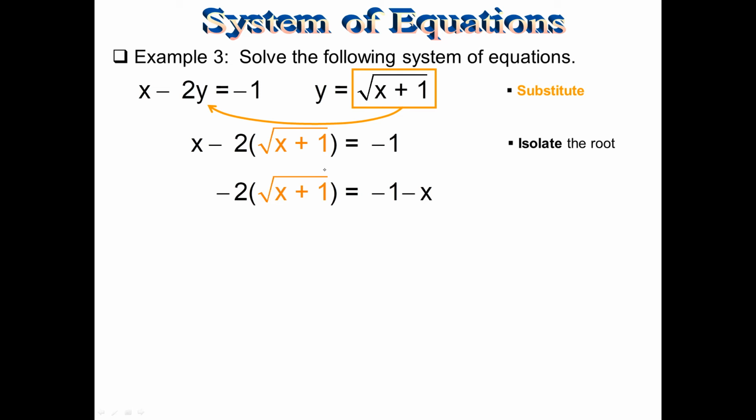Okay, so when we square both sides, we're not going to have to worry about distributing. Okay, and then we'll square both sides here, but when we square both sides here, it's like squaring a binomial. Okay, so I'm going to square both sides.